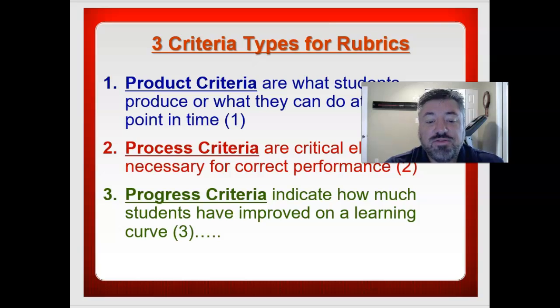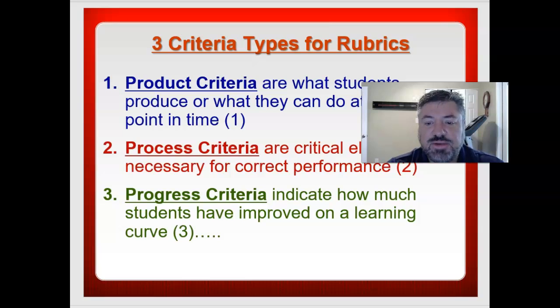This could be an artifact of learning or performance, such as an essay, developing a brochure, performing a dance, performing a sports skill in a skill type assessment or test. That could be shooting a basketball, a soccer ball, a hockey puck, throwing a variety of objects, or catching.